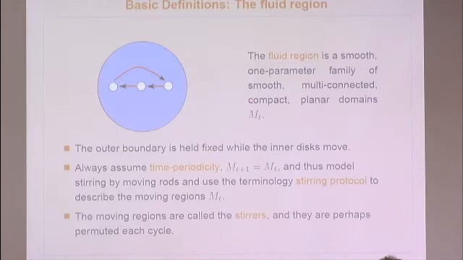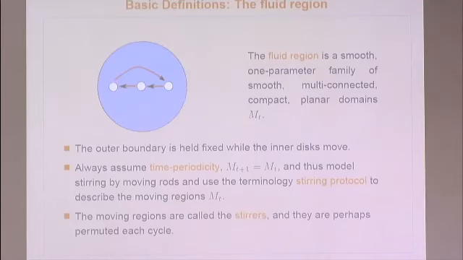So here's the first part where I'm going to just set up definitions and notations. And again, this is all at first strictly kinematic. So for me, a fluid region is a smooth 1-parameter family of multi-connected compact planar domains. There's a picture. You also saw a picture previously. So the complement of the stirrers is called M sub t.